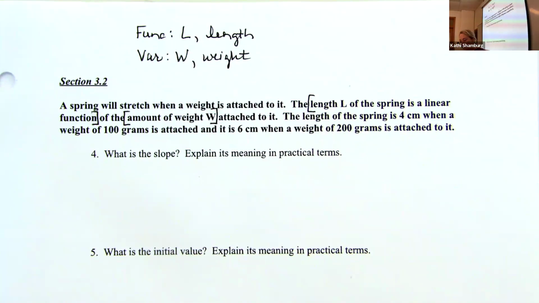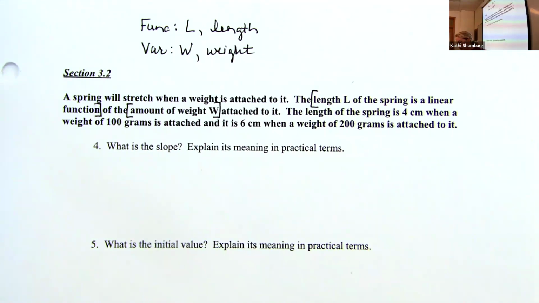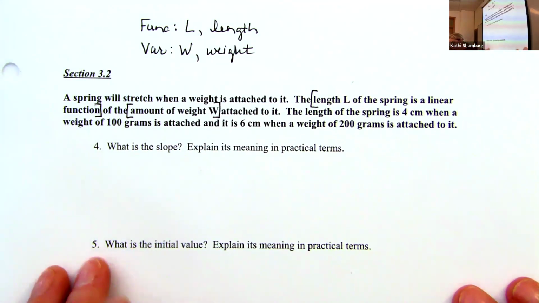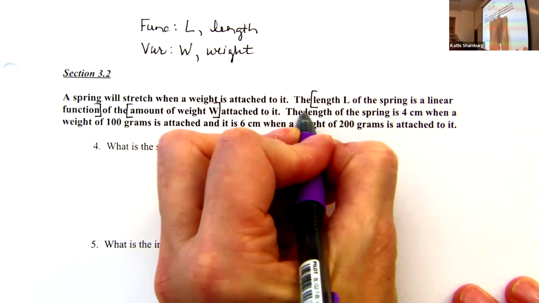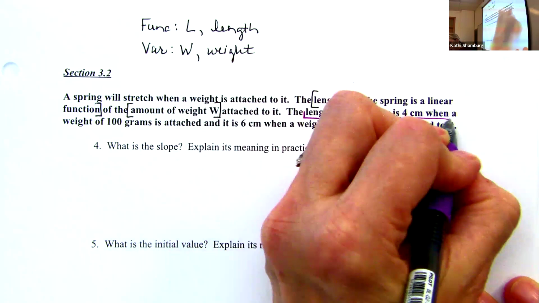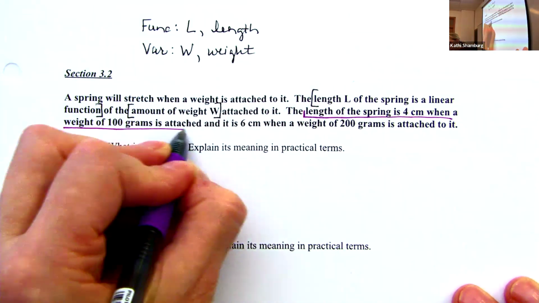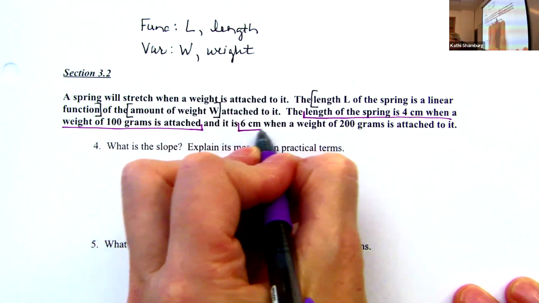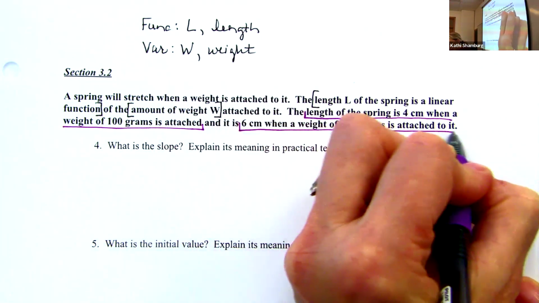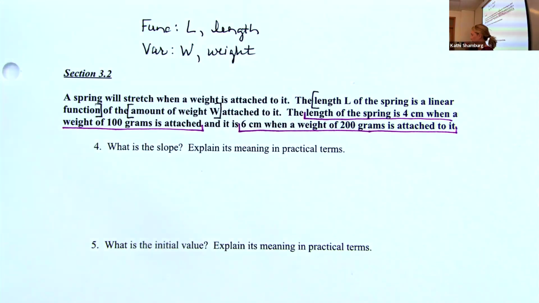Okay. The length of the spring is 4 centimeters when a weight of 100 grams is attached to it. Okay, so these two numbers go together. And it is 6 centimeters when a weight of 200 grams is attached to it.